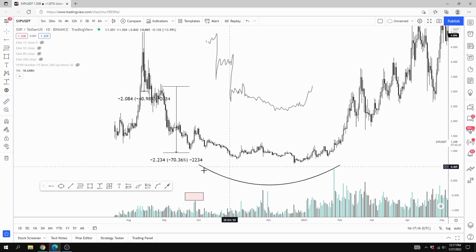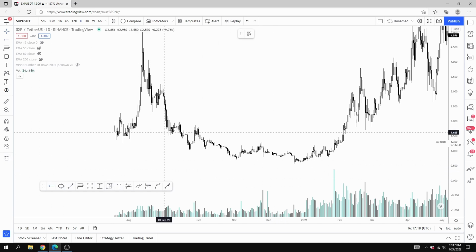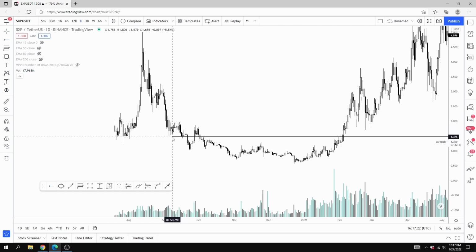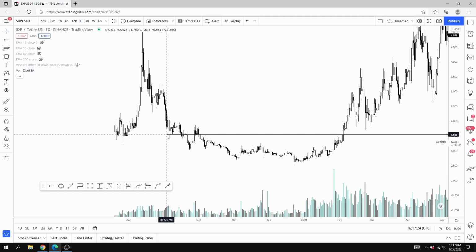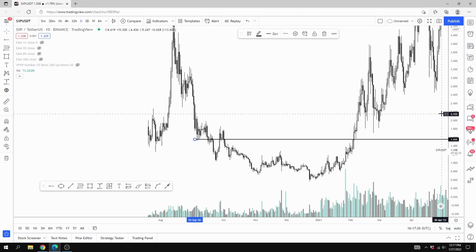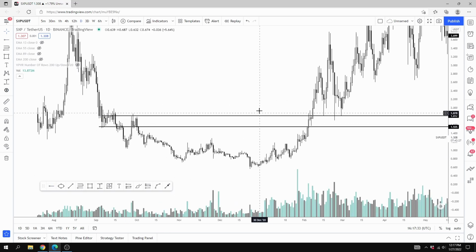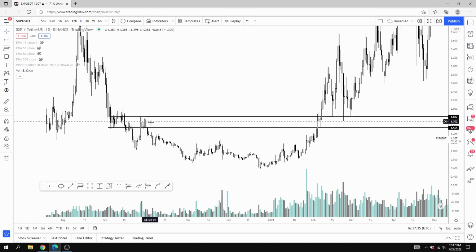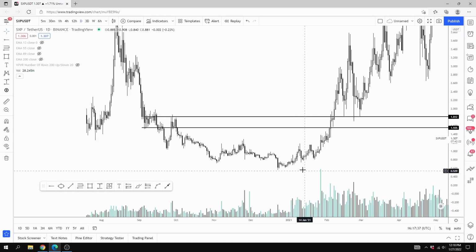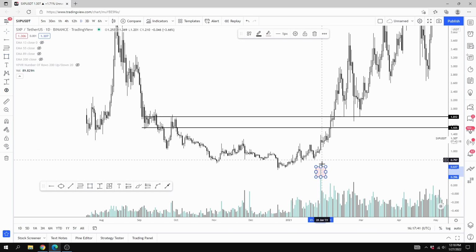And you can start to make some different areas of support and resistance that are important to the chart. For instance, usually it's these types of areas at the break that are important. And when you start to see volume really pick up, something like this is when it's time to really pay attention.